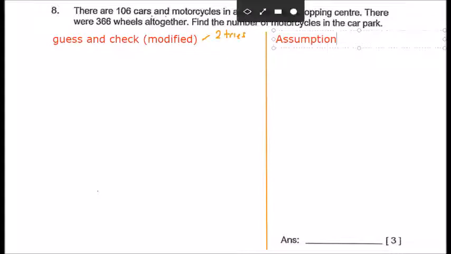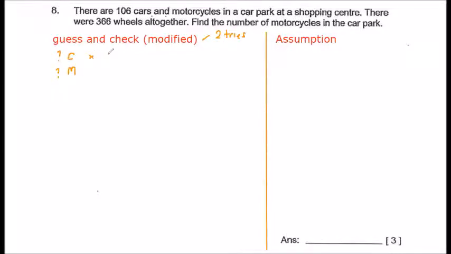Okay, so now there are 106 cars and motorcycles altogether. So what we do is we try to represent the data in a way that is easier for us to interpret. So we have the cars and we have the motorcycles. We do not know how many cars there are and how many motorcycles there are.